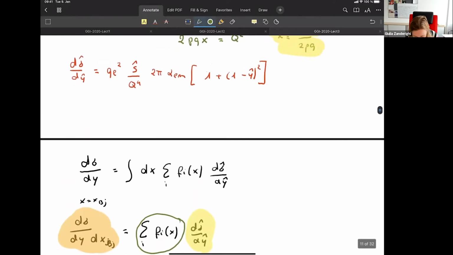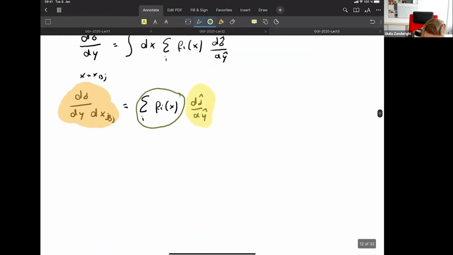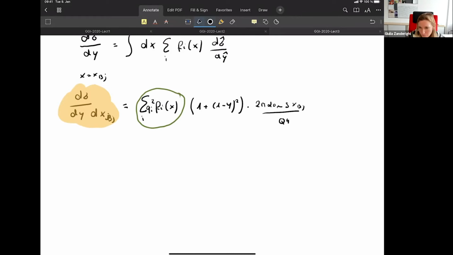Here you see that there is a charge, q_i, here. In fact, this part has to go into here, so sorry. Let me write it explicitly. Here we put the charges squared here. And here instead, let me write it explicitly rather than that. Then here what you get is 1 plus (1 minus y) squared, and then, okay, times some factors, 2 pi alpha electromagnetic s x over q to the 4.